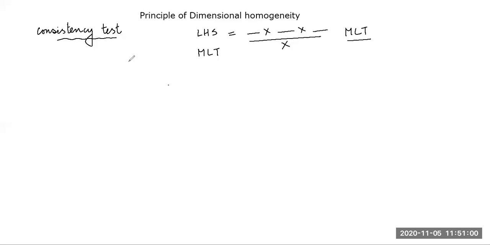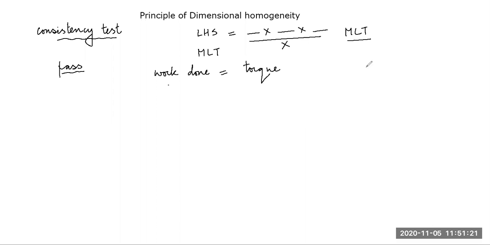But students, it's very interesting to see, even if an equation passes the consistency test, the equation may be wrong. How? Just see, if I talk about work done is equal to torque, let's say I write this equation, right?